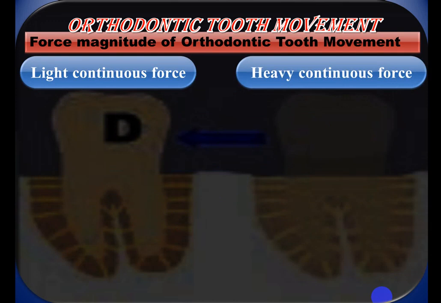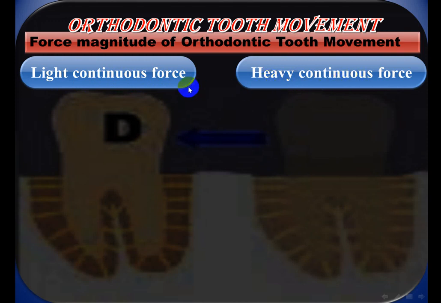So, according to this introduction, we will have two amounts of force magnitude: light continuous force and heavy continuous force. There will be a different physiological response if we apply a light continuous force and if we apply a heavy continuous force.